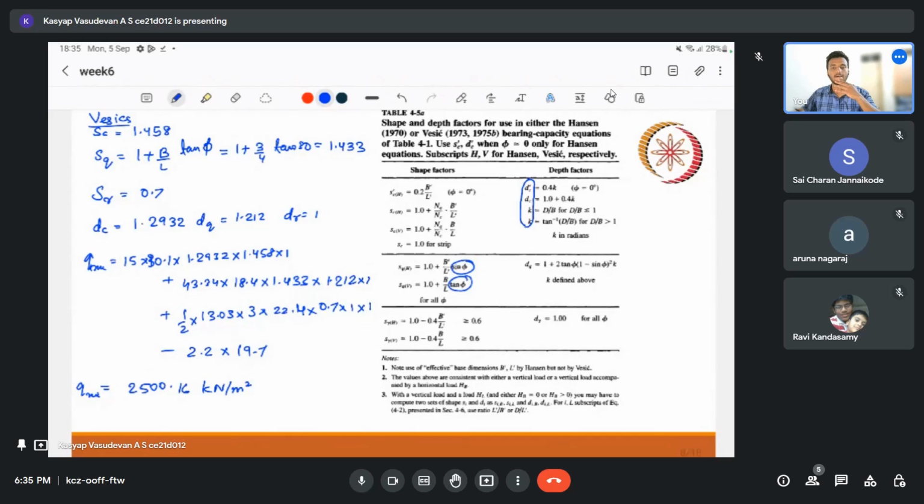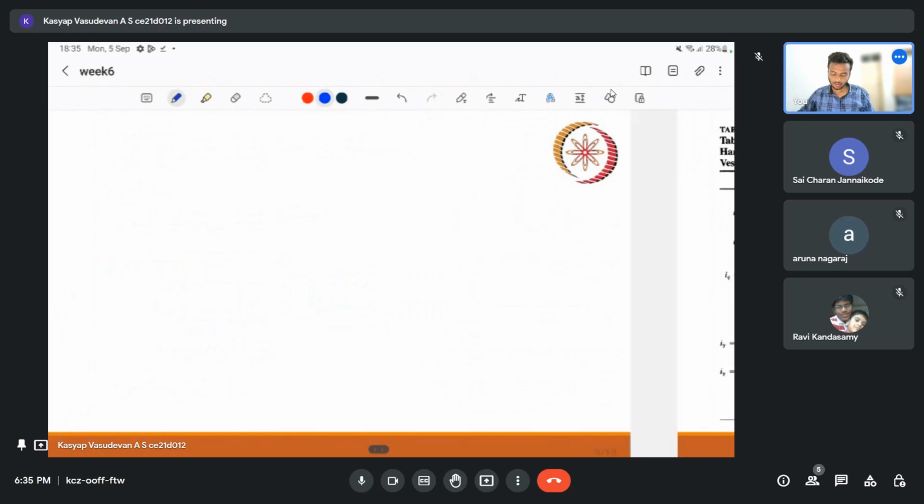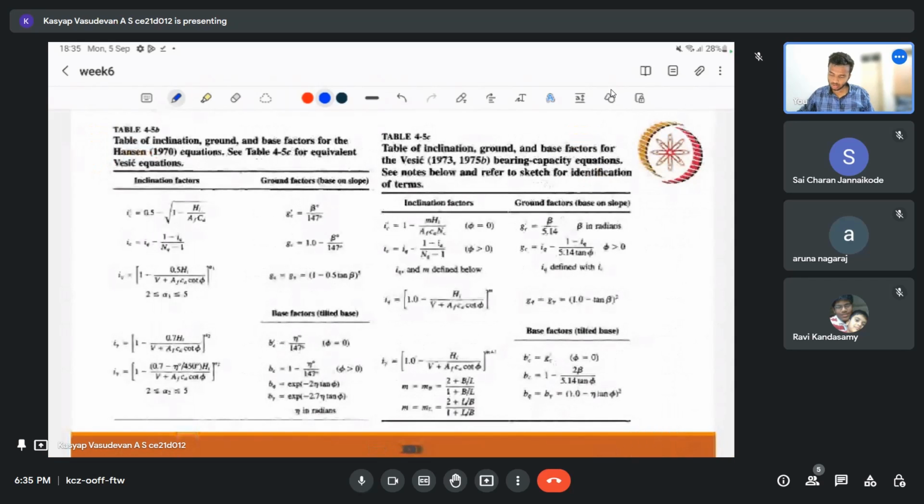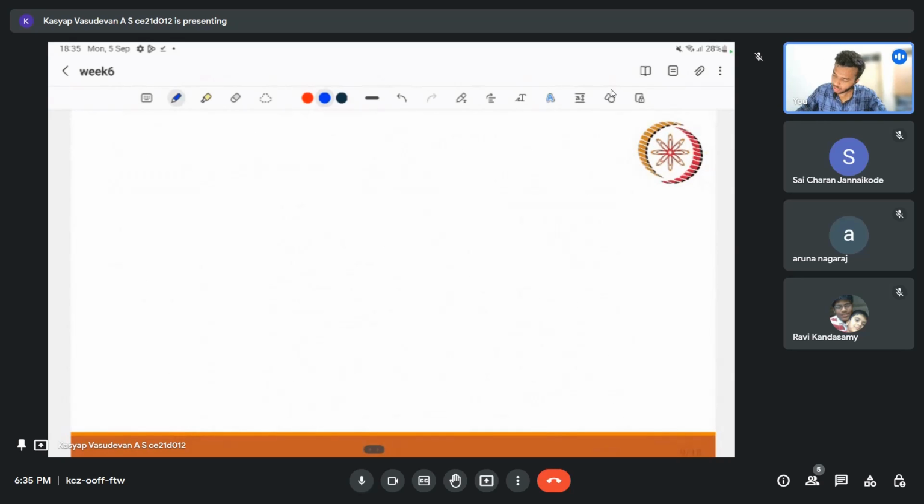So there are a few things we need to understand. One of the things is that Terzaghi's is the easiest one. So when to use which method? That is a big question, right? Terzaghi's is simple, but it doesn't take care of many things.